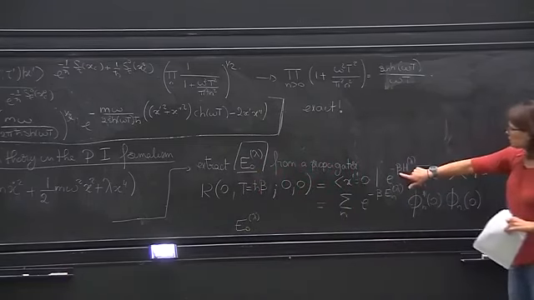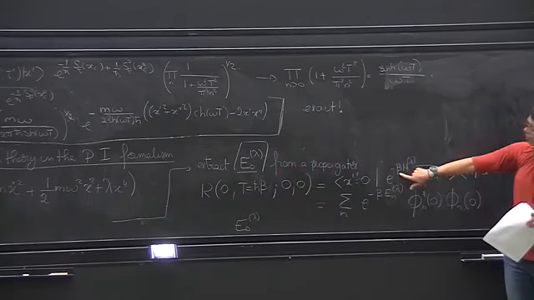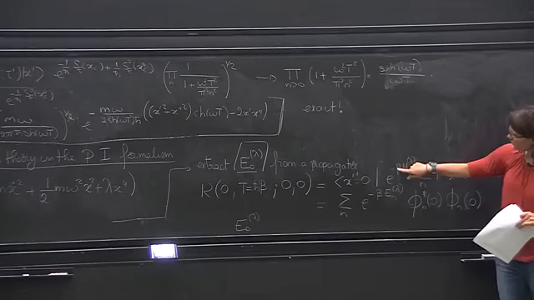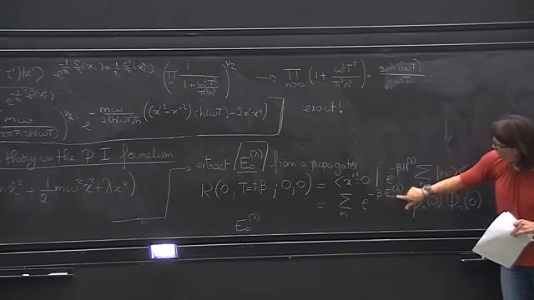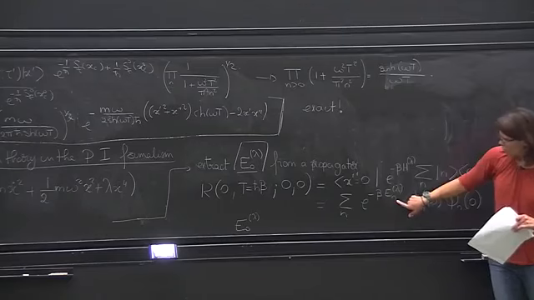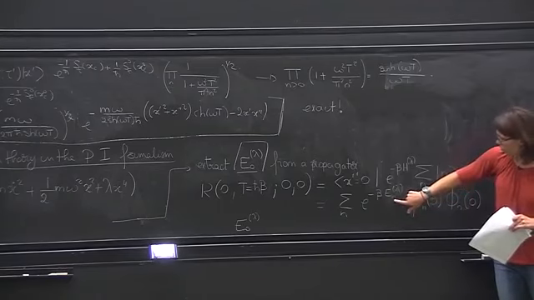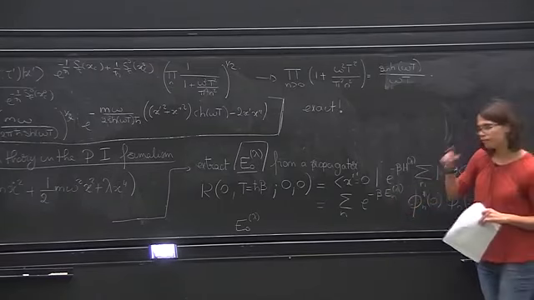What is important here is that we are really working with the Euclidean time, meaning that here we don't have any i anymore, okay? Everything is real. So you see that this sum is going to be dominated by the term with the ground state energy, okay?